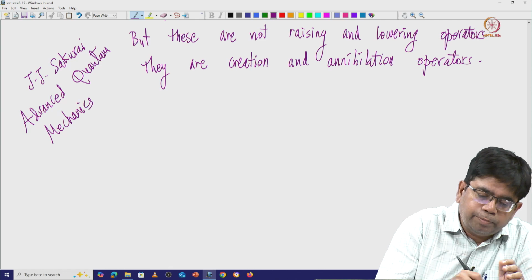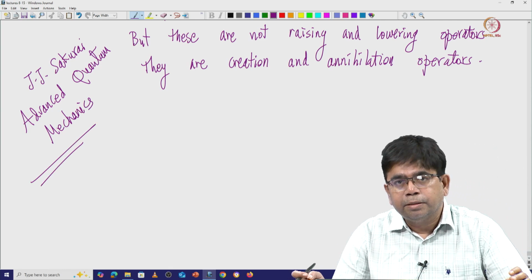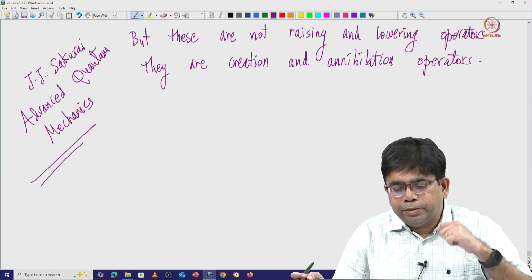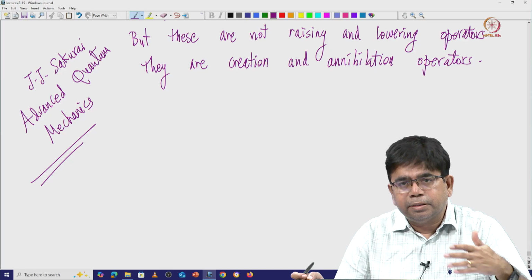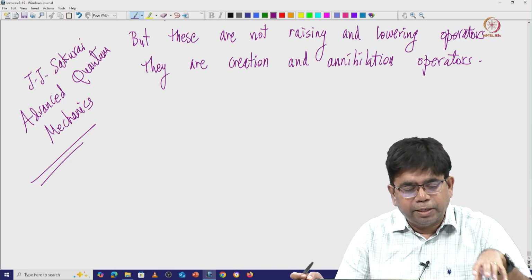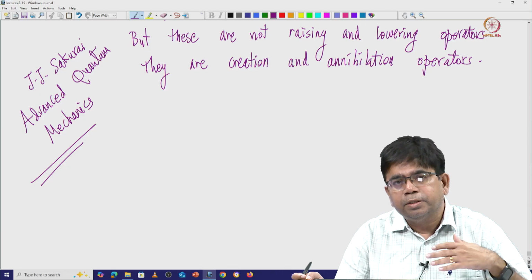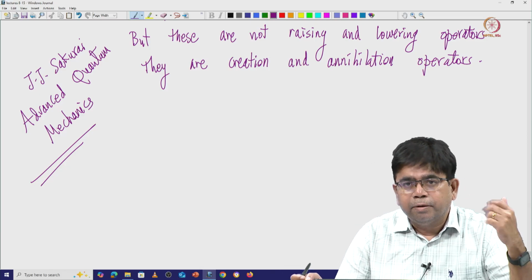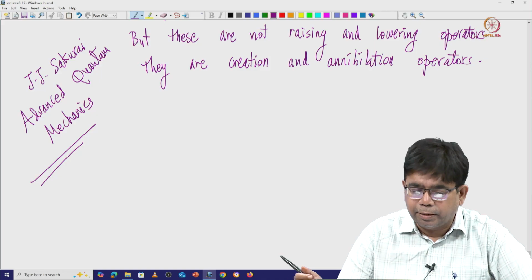There is a very nice book by J.J. Sakurai called Advanced Quantum Mechanics. Now, what are these particles creating essentially? Where are these particles? So, this is a very nice book to have the first reading of second quantization. Of course, then you can refer to many of the modern literatures like on quantum field theory.